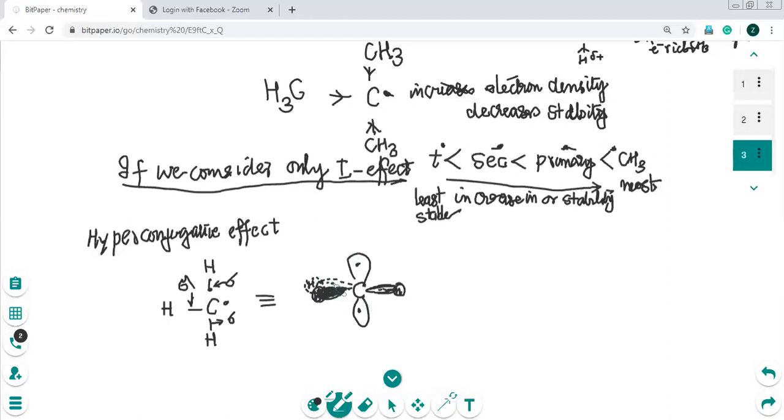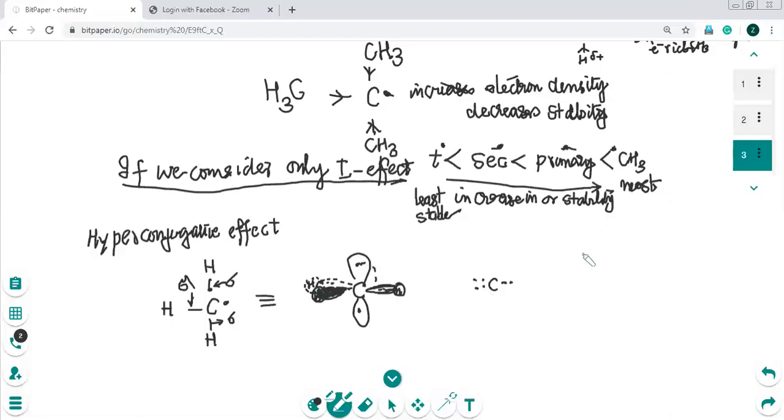All these 6 electrons of these bonds are in orbitals which are perpendicular to the plane of these 3. And therefore, this electron will never enter into this orbital.